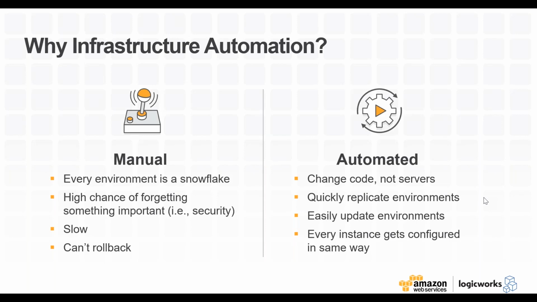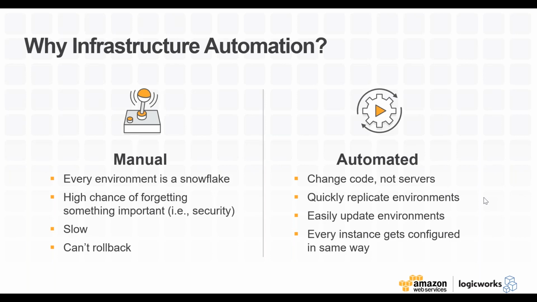But when you automate the infrastructure, rather than SSHing into each machine to fix it, you go back into the code, the templates that built that environment, usually an AWS CloudFormation template, make your updates, and rebuild the environment from scratch. It's easy to replicate environments, so you can just tear down the old one and rebuild a new one from the templates without downtime. This is the true meaning of disposable infrastructure or immutable infrastructure, if you've ever heard those terms before.